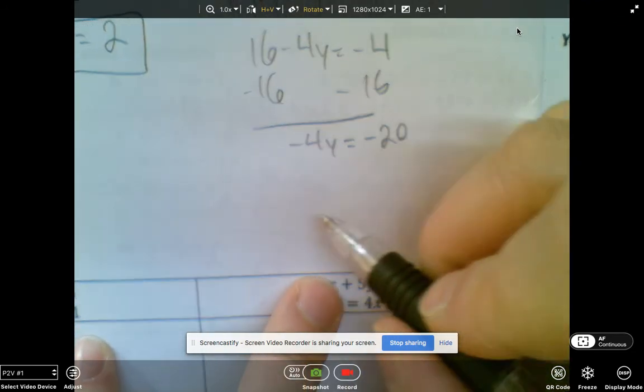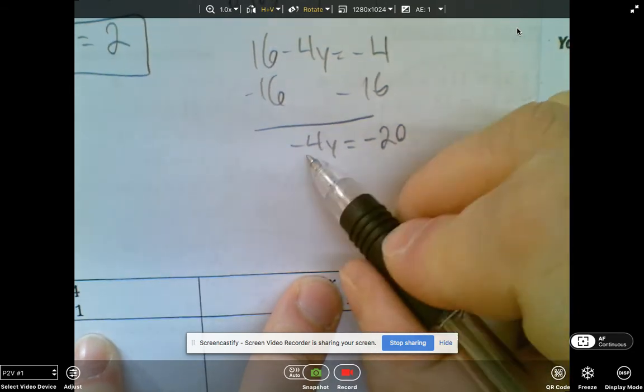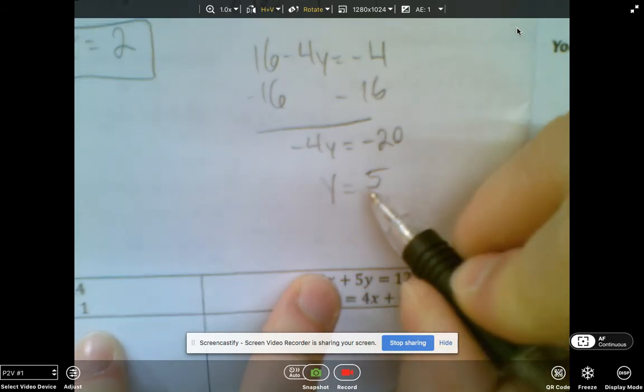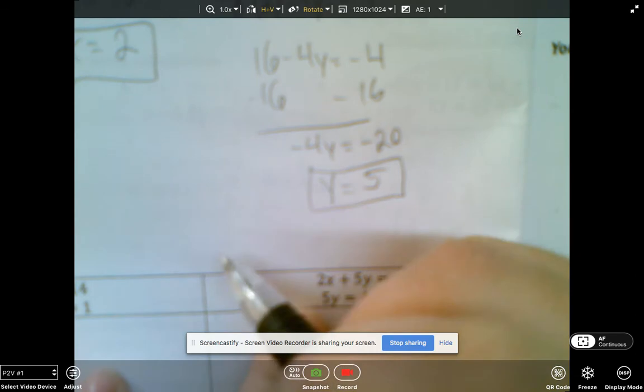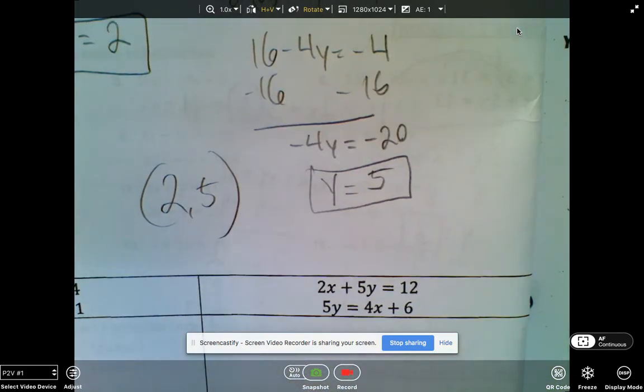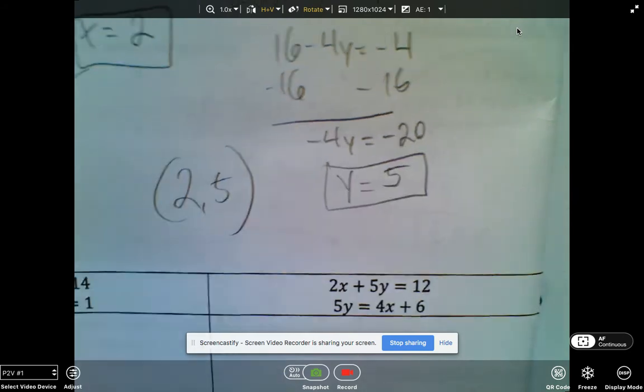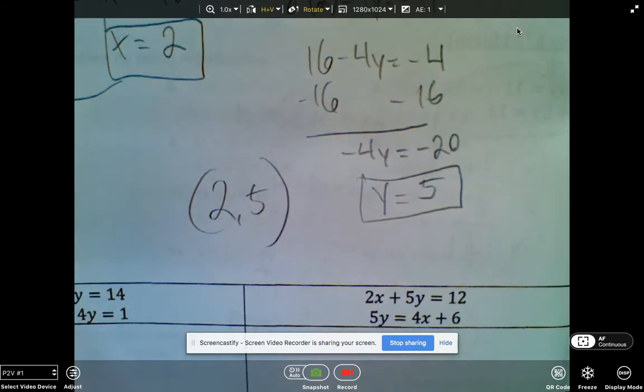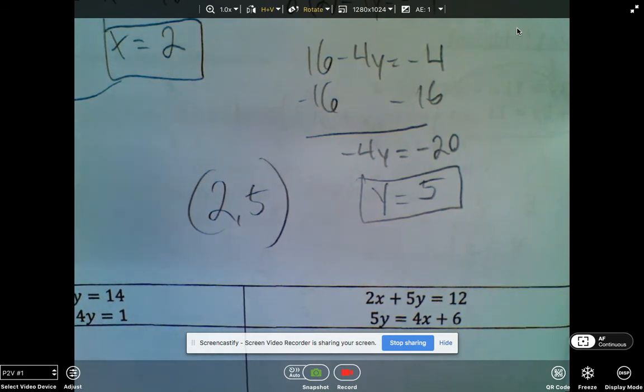Can someone tell me what y is equal to? 5. And as a coordinate, how would you write it? 2, 5. Perfect. So again, they don't always line up this nicely. These examples do. In the next sections, we'll learn how to multiply or divide them, either one or both of them, so that you get them to line up like that.